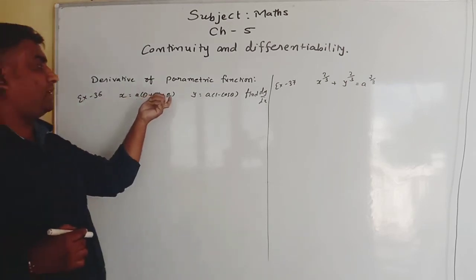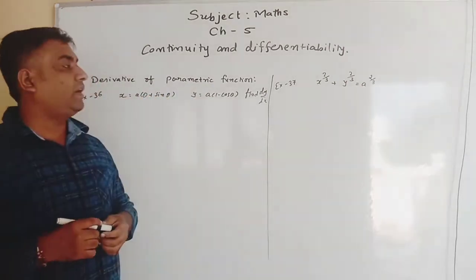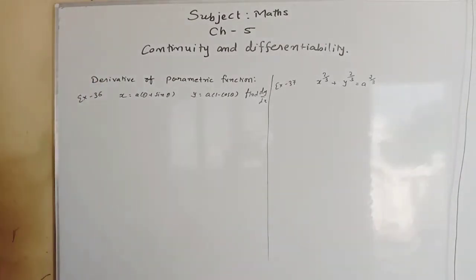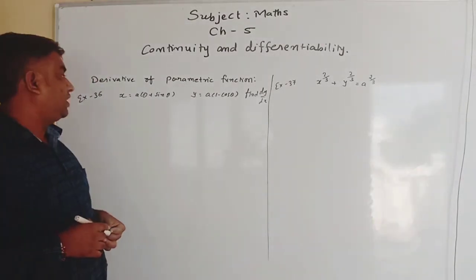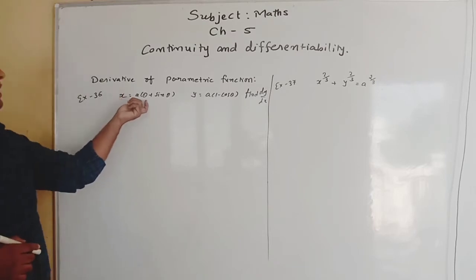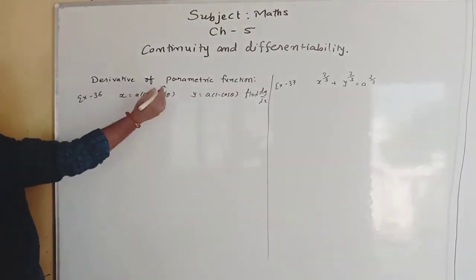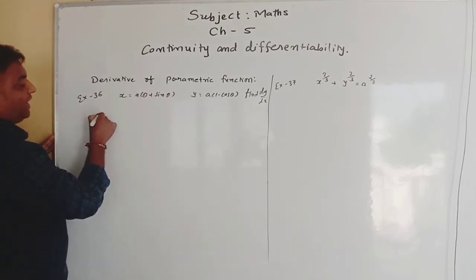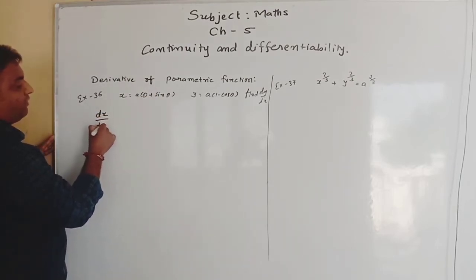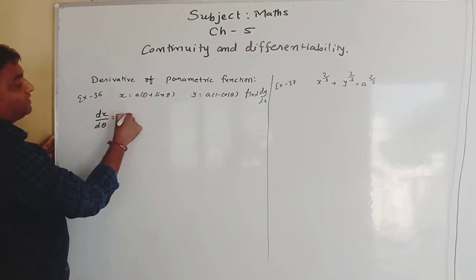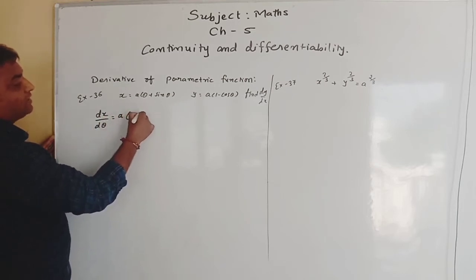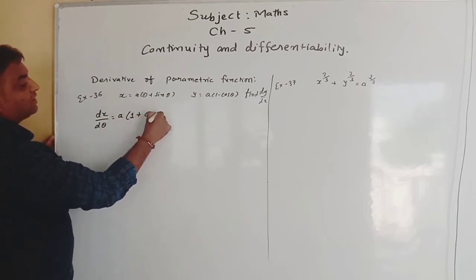Next, x equals a (theta plus sin theta), y equals a (1 minus cos theta). Then find the differentiation of y with respect to x. The parameter is theta, so we differentiate both x and y with respect to theta. For x, a stays as it is, the differentiation of theta is 1 and of sin theta is cos theta.